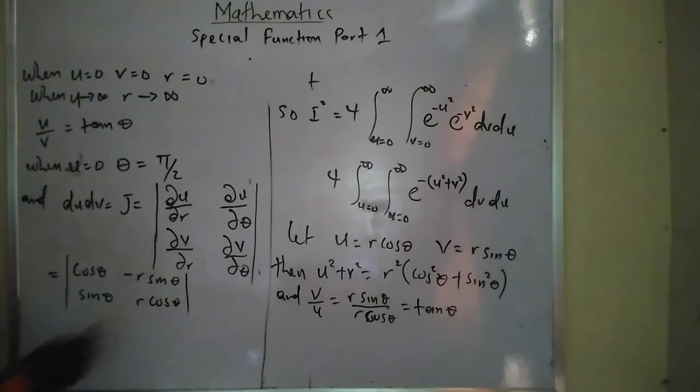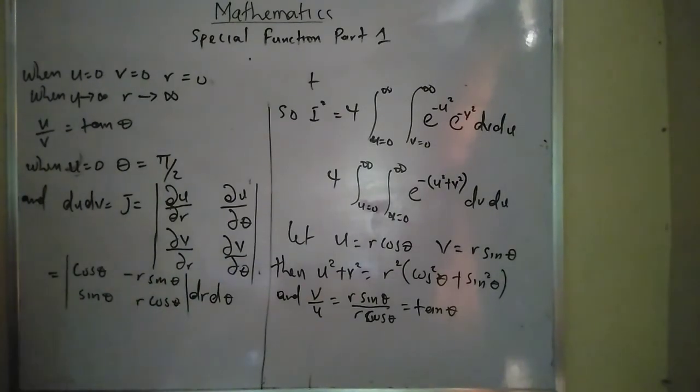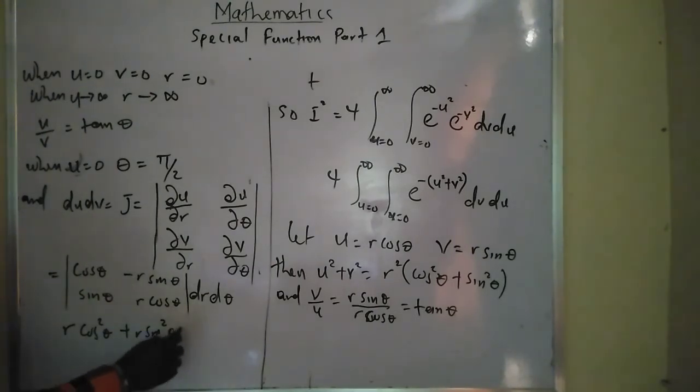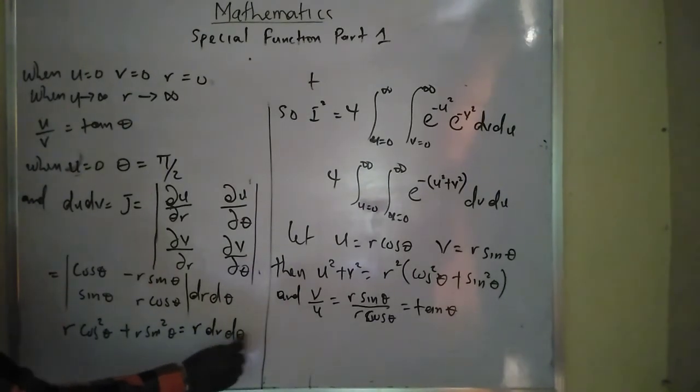This gives r cos squared theta plus r sine squared theta, which gives r dr d theta.